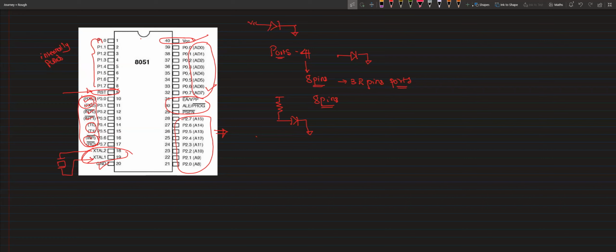Okay, sir. So in the 8051, what we have is an 8-bit CPU. What do you mean by an 8-bit CPU?